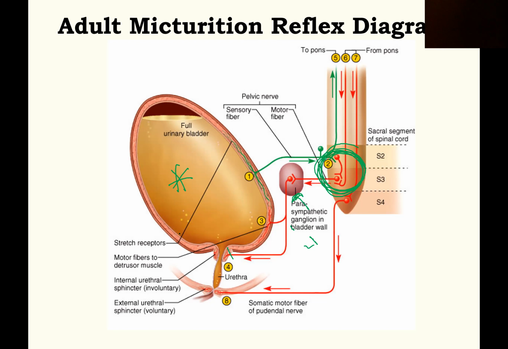Incontinence is typically we lose that sensation or awareness, or we lose muscle tone in the external sphincter, meaning we can't control that. A leading cause of incontinence as people age is obesity.